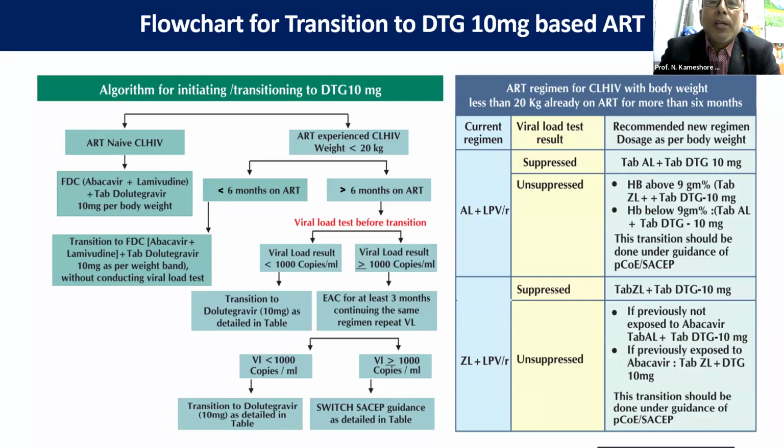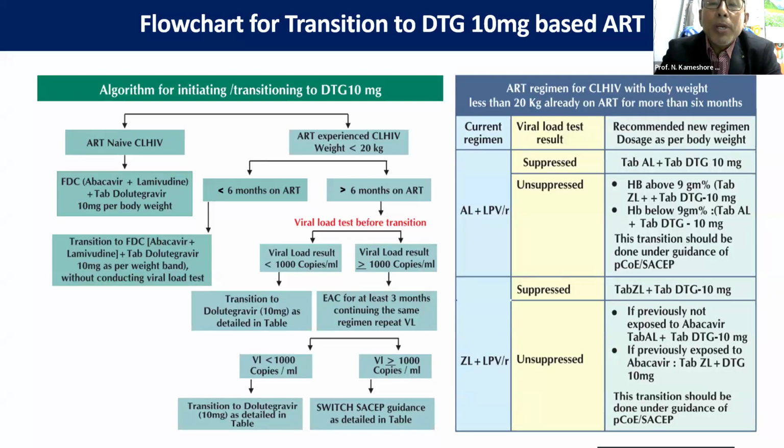So let us see how the transition is done in ART experienced syndrome. If the child, for example, is receiving abacavir, lamivudine, and lopinavir, ritonavir, and is virally suppressed, we will change lopinavir, ritonavir to dolutegravir. That means abacavir, lamivudine, and dolutegravir. If the child is virally unsuppressed, then we have to see the hemoglobin.